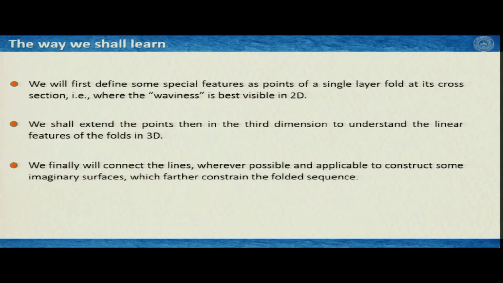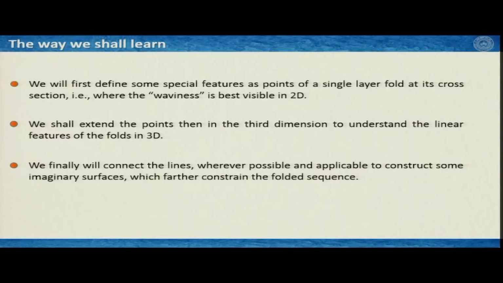So, what we mean by cross section at this stage of our understanding of folded structure is where the waviness is best visible in 2D. So, if I have a folded layer, then I have to see it in 2D, and I will see it on a section where this waviness is best visible.